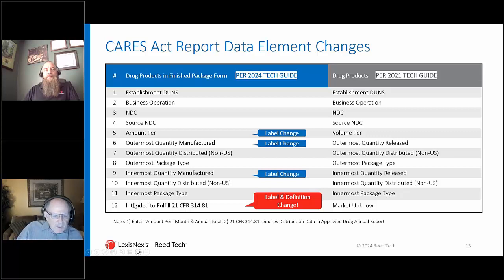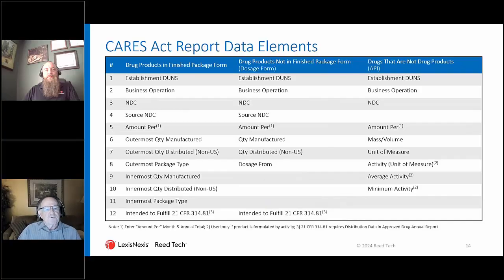All right, so let's move on to a comparison of the 3 different data templates. The template on the left is the list that we were just looking at for a finished package form, items 1 through 12 there. But you notice there are some gaps and some different labels, different titles for the data that is collected under the dosage form, the center column.